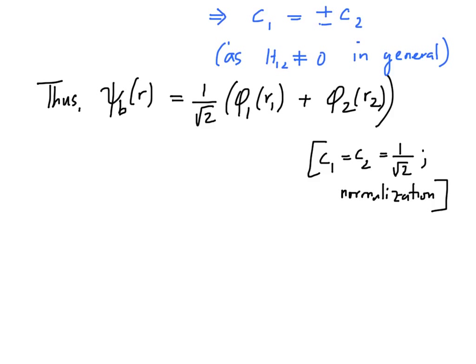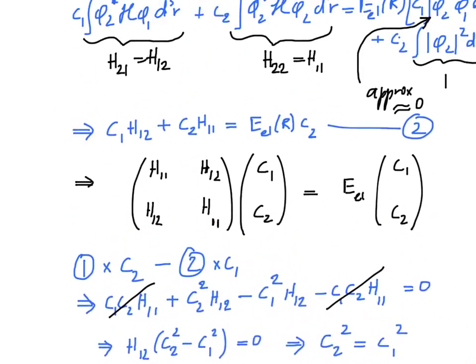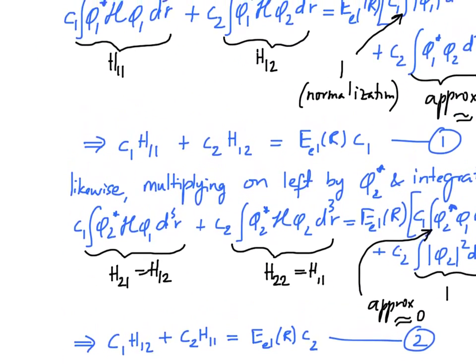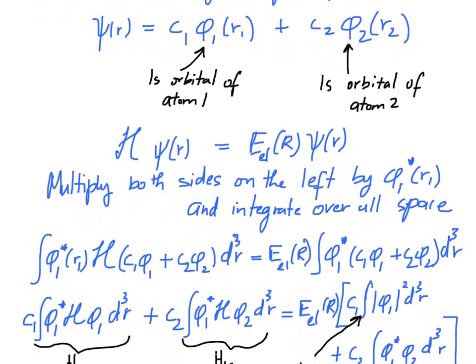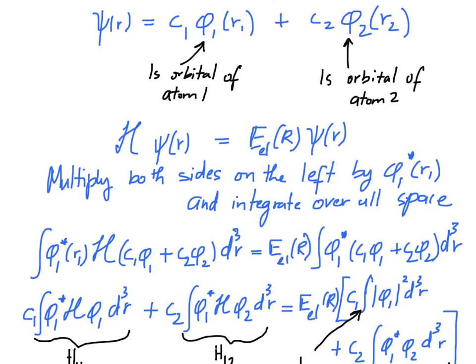Let me go back for a second to show you our suggestion for the wave function, what we assumed our wave function could be. Look at the first equation up there. Psi of r equals C1 phi1 plus C2 phi2, right? And our goal at that point was to determine C1 and C2.